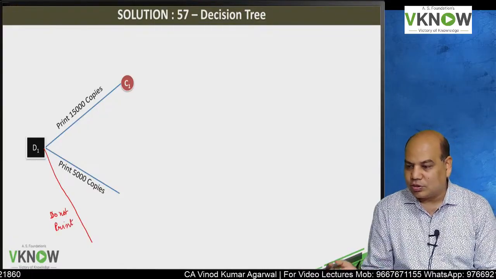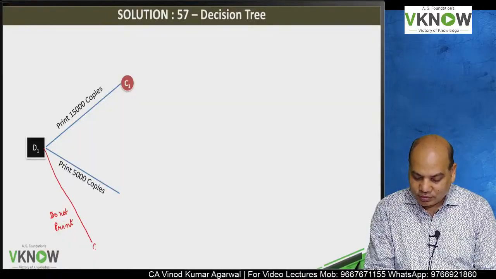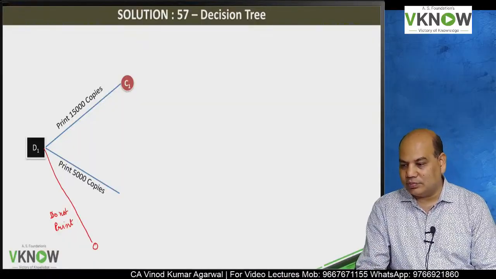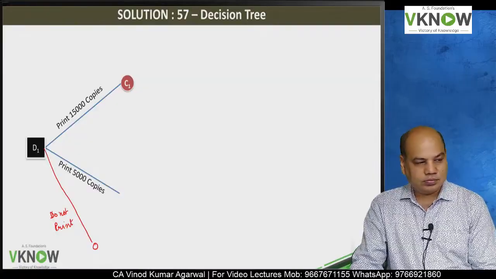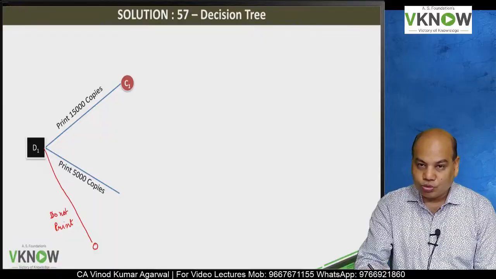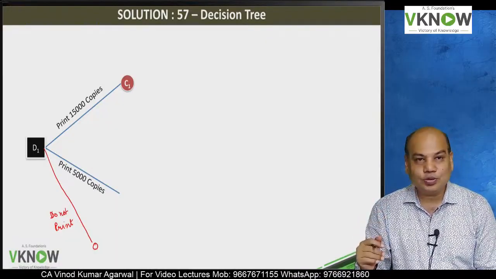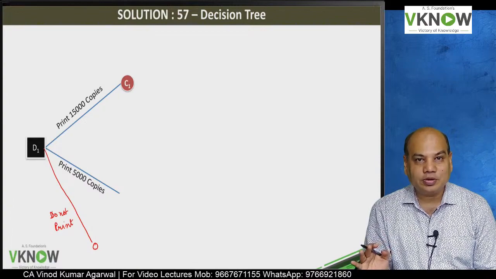Do not print also is an option. If you do not print, nothing will happen. Zero value. At least 0 is better than a negative figure. In case these two options are generating a negative answer, then I will go to the third option, do not print only.